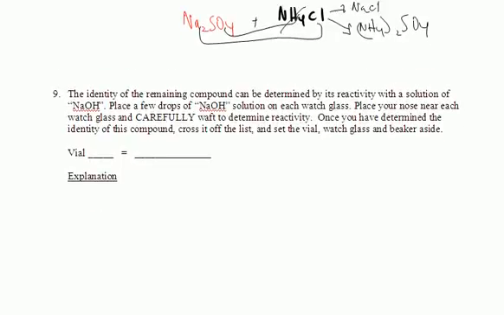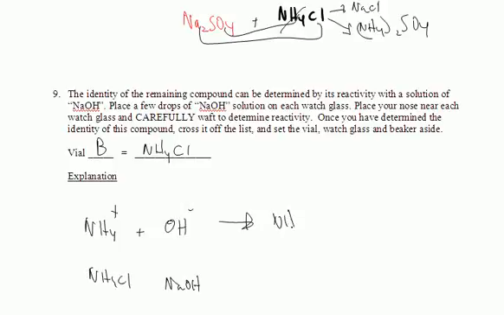This next one was pretty simple, and the vial that was NH4Cl was vial B, okay? And that's because the NH4 cation reacted with the OH minus anion. This came from the NaOH, and this came from the NH4Cl, and together they produced ammonia and water.